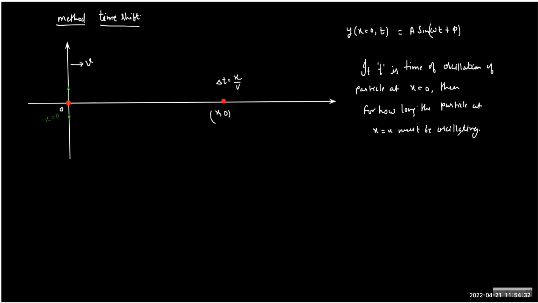Now try to realize what I'm saying. The particle at x equals to 0 is oscillating for time t, and we're trying to write every answer in terms of the origin only. Let's say for the last 10 hours, the particle at origin is dancing. Upon hearing the music, he is dancing. So music is the wave, and because the wave is traveling towards the right, who will listen to the music first? The particle at 0 or the particle at x? Tell me.